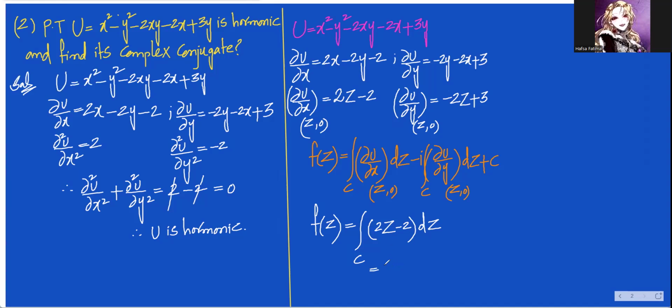Integration of 2z gives z square, and minus 2 with respect to z means minus 2z, plus an arbitrary constant. This is our f of z. So I can take this f of z and find the complex variable function. Okay.